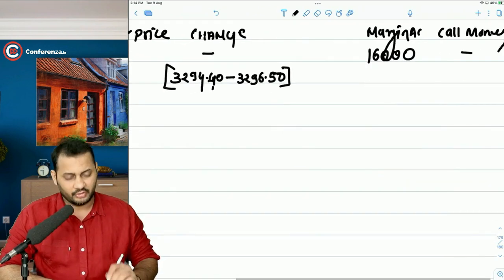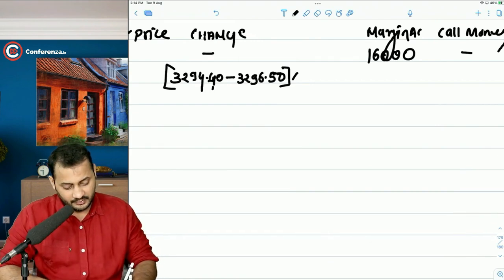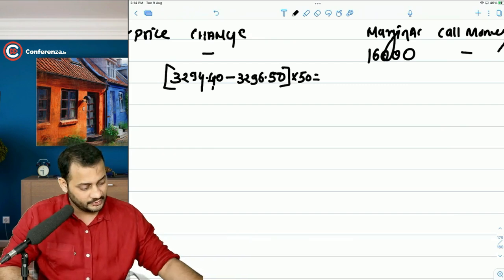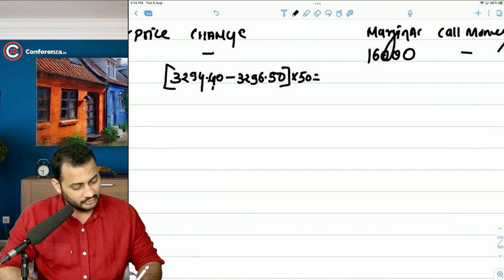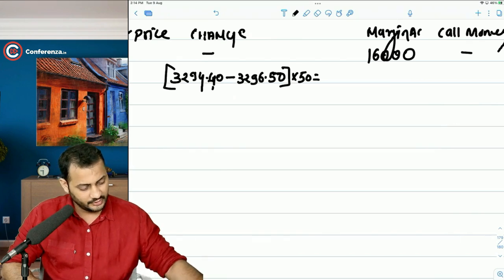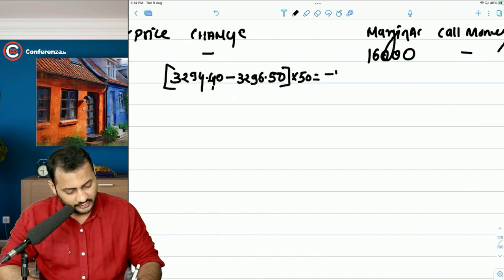Now this is your loss on one future, multiplied by 50. This is your total loss on one contract. 3294.40 minus 3296.50, into 50. So that's a loss of 105 rupees.